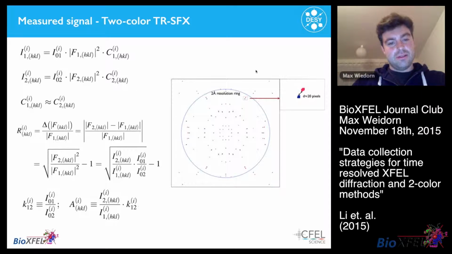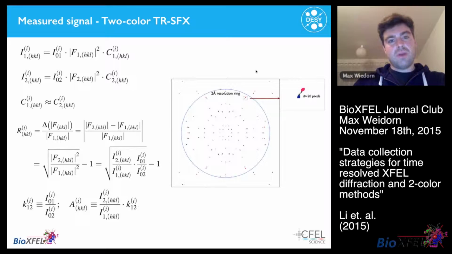And then a few conventions are made to make formulas a bit easier in the later parts, where the ratio of incoming intensities is called K12, and A denominates the scattered intensity fraction multiplied by K. And the pattern that results from such an experiment can be seen on the right-hand side, where you have blue and red Bragg peaks given by the diffraction of the two different wavelengths in the two different pulses.